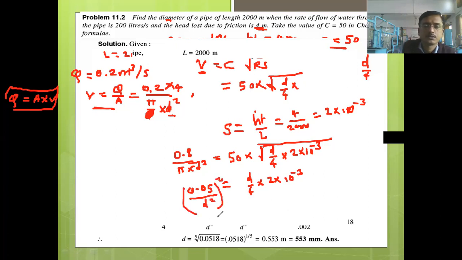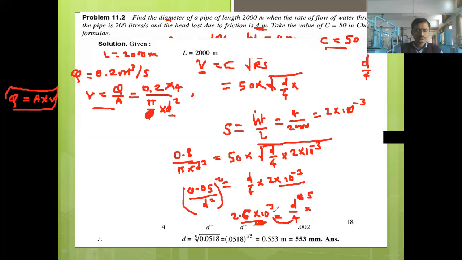ठीक है, 0.05 चा स्क्वेअर करा, काय येईल 2.59 किंवा 2.6 म्हणूया 10 to the power -3 divided by d to the power 4 is equal to d/4 into 2 into 10 to the power -3. आता हे d पण इकडे घेऊन जावा, हे d to the power 5 होईल. इकडे गेल्यावर d to the power 5 न्यूमरेटर मध्ये जाईल, हा पार्ट डिनॉमिनेटर मध्ये जाईल.